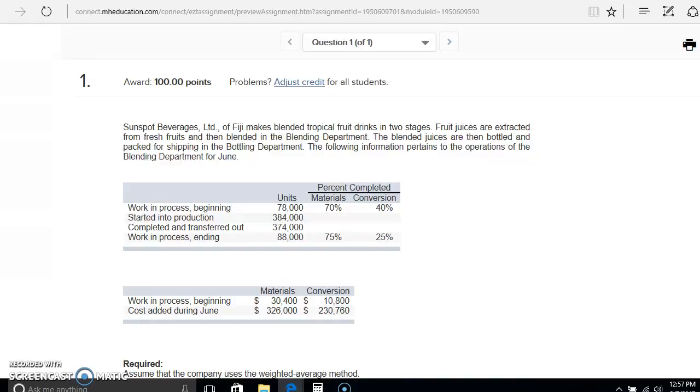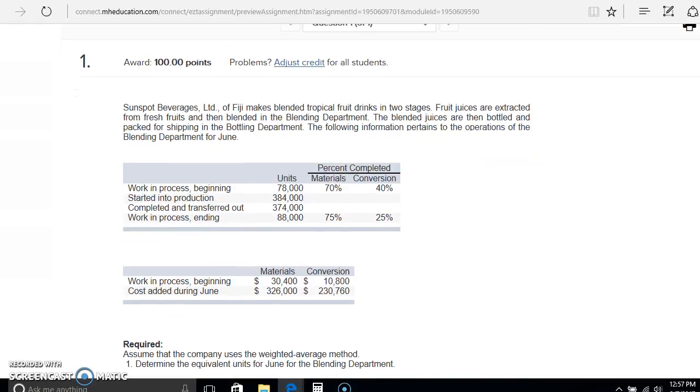So let's take a look at what we've got for this problem. We are making fruit drinks, and this is where we are. So let's think about what our weighted average would be here. Now, we have in materials 374,000 that were completed and transferred out. So we're going to add that. That's our first number, 374,000.